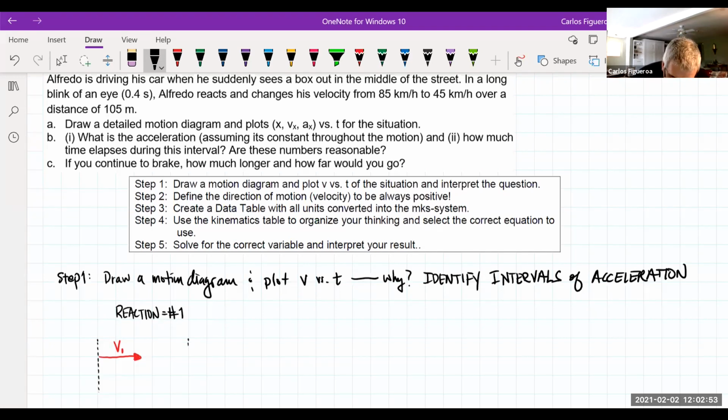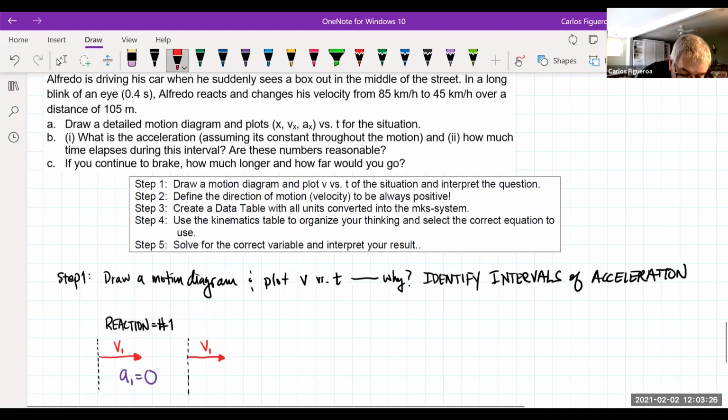So he's moving at this constant velocity, at this 0 acceleration, and by the way, that's my motion diagram right there. I'm not drawing all this other stuff. We're done with that. If I'm moving with constant velocity, look how far I've gone now. My velocity right here goes to right there, right? So this is my reaction time.